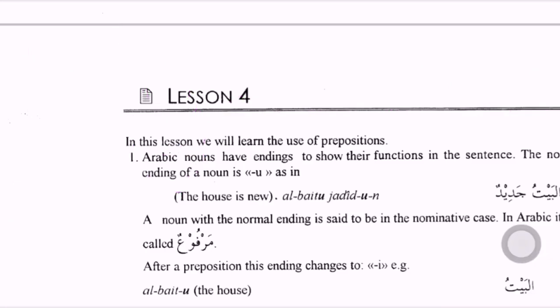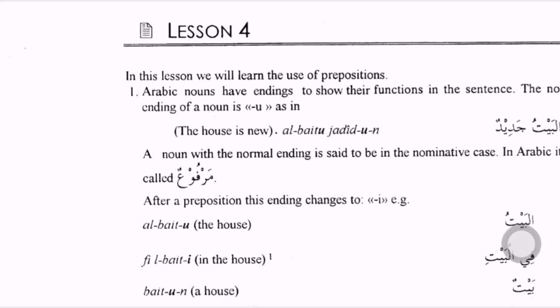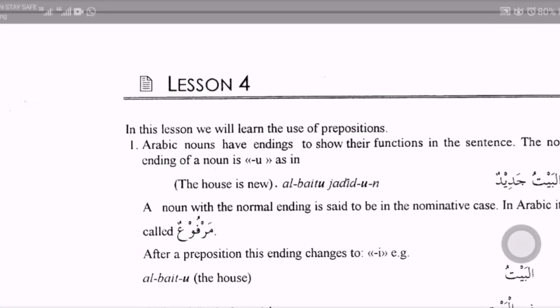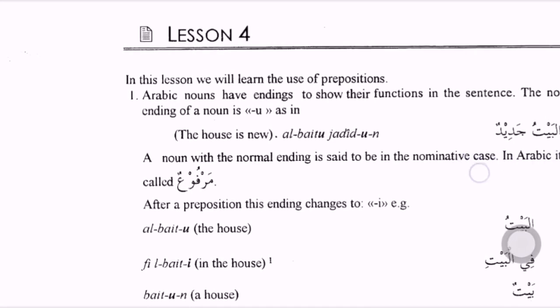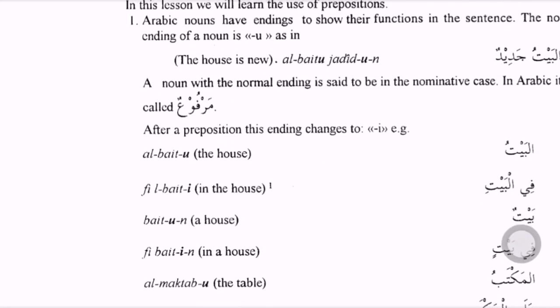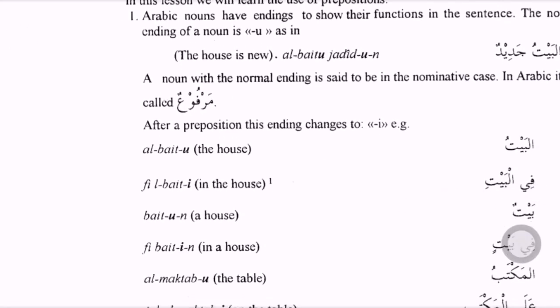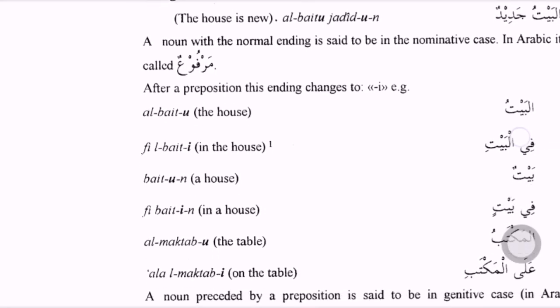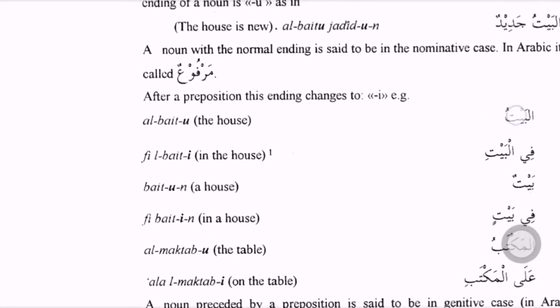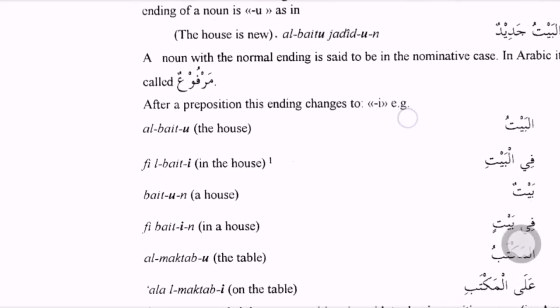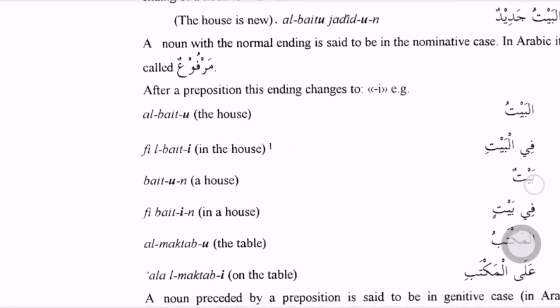Now let's start here. We have al-baytu jadidun, the house is new. So al-baytu, the house, fil bayti, the fi has affected the whole of the bayt. Because when you look at it, the ta was basically taking damma, but the damma has been changed to kasra.